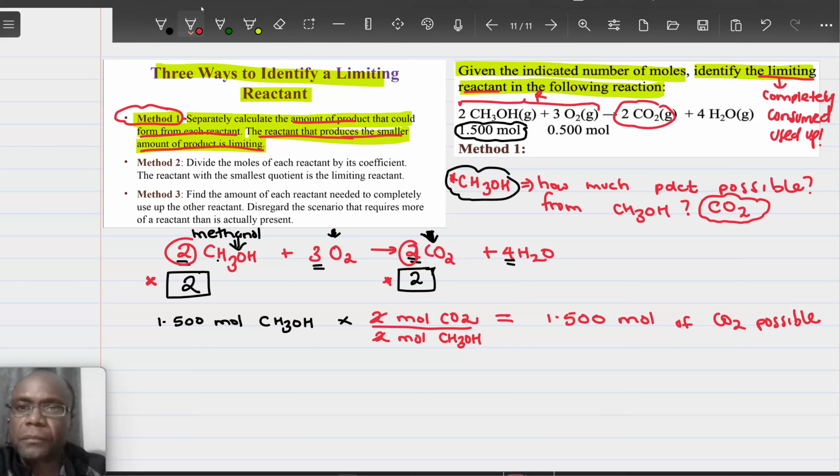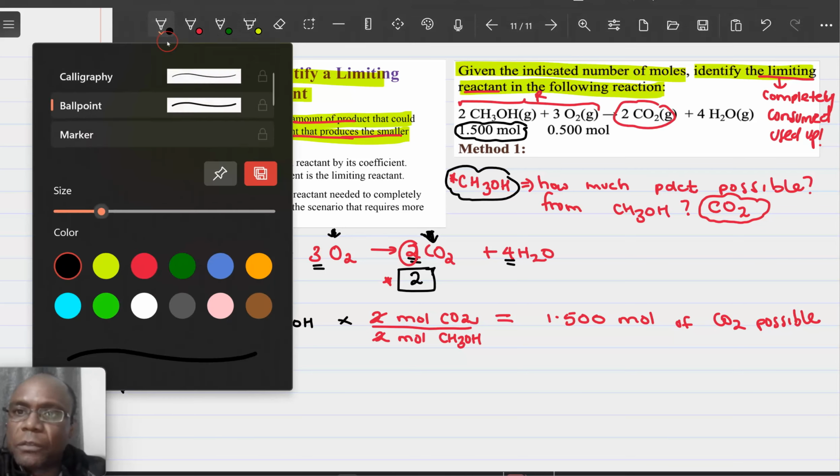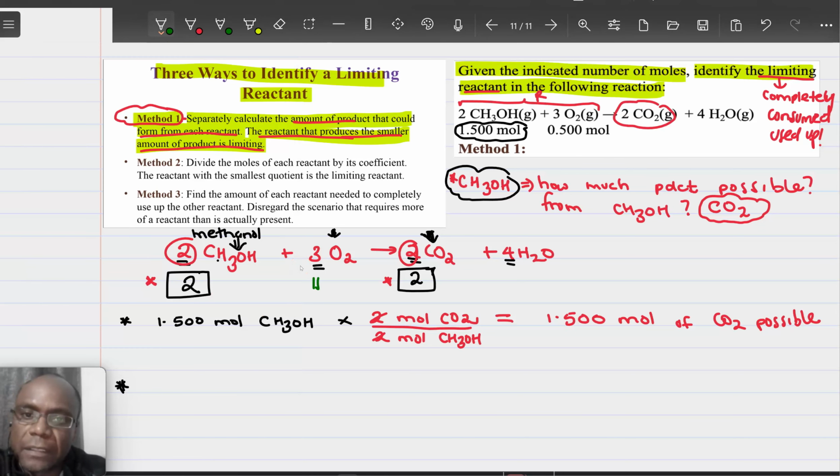Okay. Now, that was for methanol. Next, I'm going to test how much is possible if oxygen was limiting. So in this case, I'm going to compare the moles of oxygen, 3, to the moles of CO2, 2.